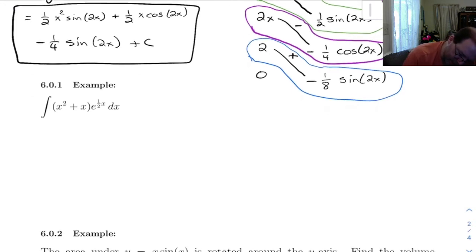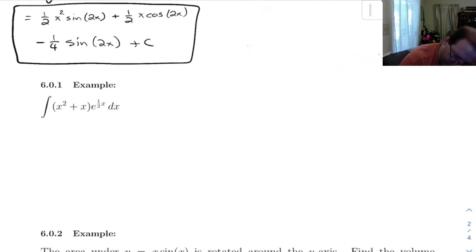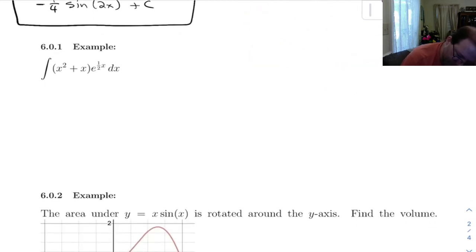So to do this guy, I'm going to erase this above. To do this example, we've got x squared plus x, then e to the half x. All right. So going down this way, we're going to take the derivatives. We get 2x plus 1, then 2, and then 0.